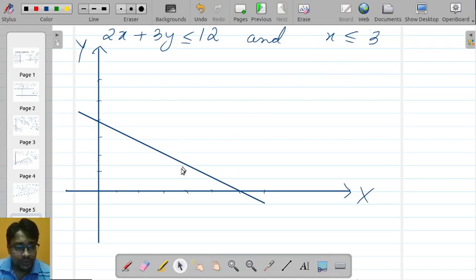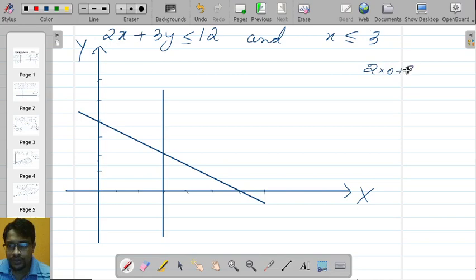X less than or equal to 3, what does it represent? X equal to 3 is represented by this particular line. Now let us test which region is represented by which one. For 2x plus 3y less than or equal to 12, you can check whether the origin satisfies it. 2x plus 3y is 0, which is less than or equal to 12, this is correct.